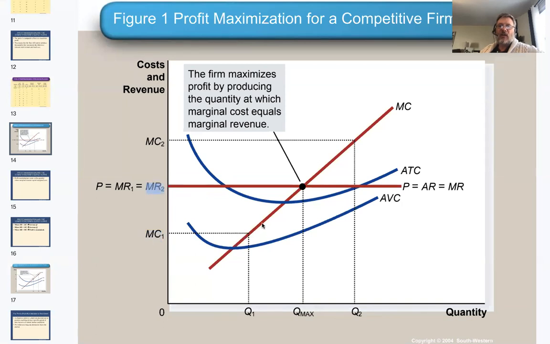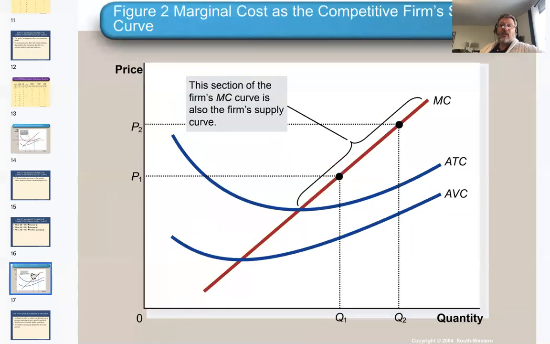So yeah, I want to increase my output, right? And then over here at Q2, the marginal cost is higher than the revenue from the marginal revenue line. So that would be negative profit there, the distance between them. Anyway, that's the gist of it.